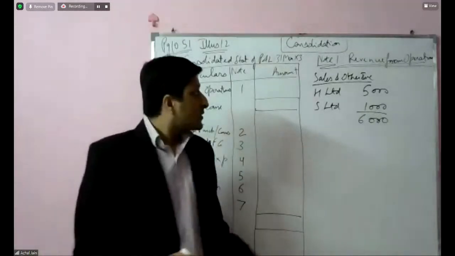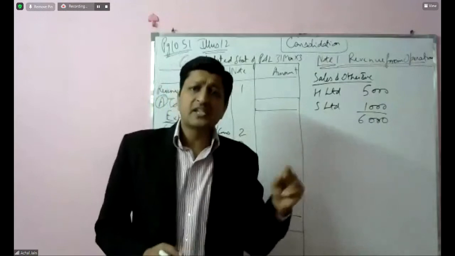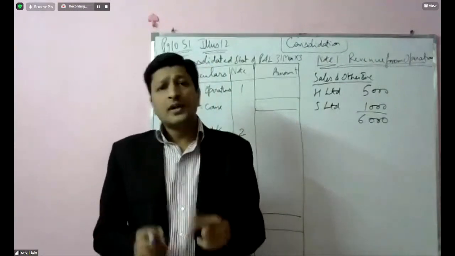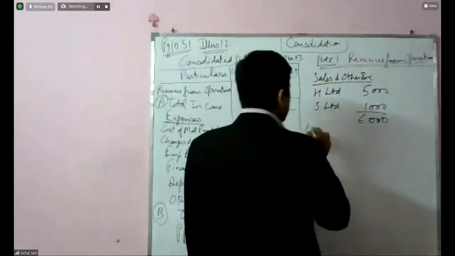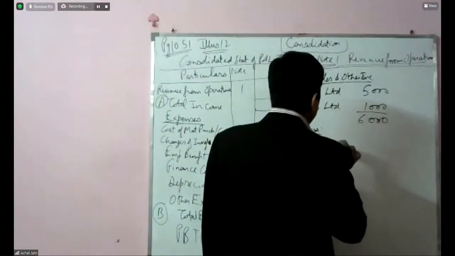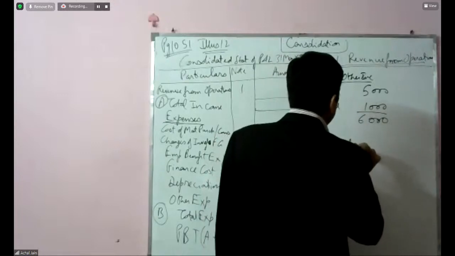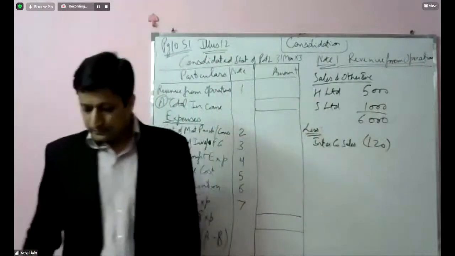So that means this turnover, this sales includes sales worth 120 within the group. That needs to be eliminated. Less intercompany sales. So 120 we will eliminate.